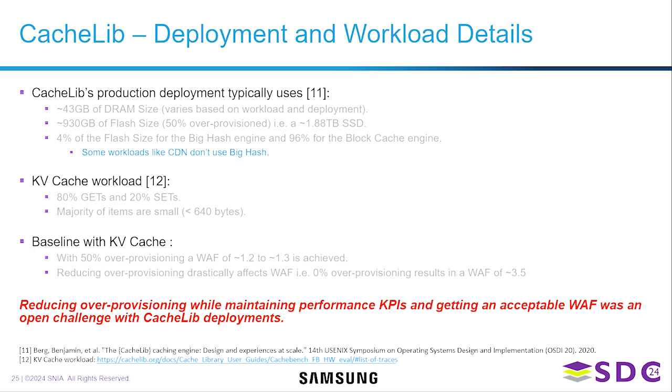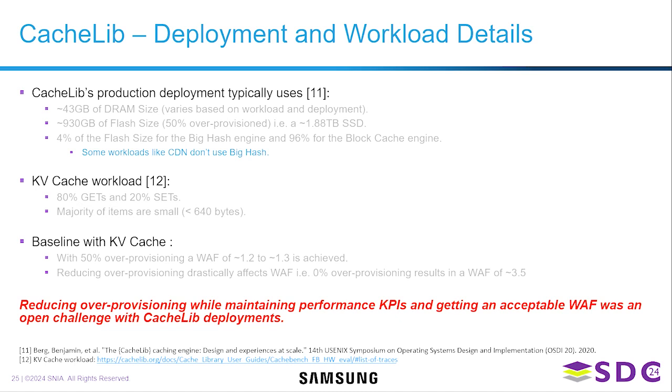And the workload we used throughout this presentation for the remaining graphs to benchmark CacheLib is the KV cache workload, which is a popular workload at Meta's CacheLib, and it's been open sourced, so the traces were available. It represented a fairly production-like scenario, which is why we used it. So with KV cache, like I said, when Meta used their entire SSD, they'd get a WAF of 3.5.